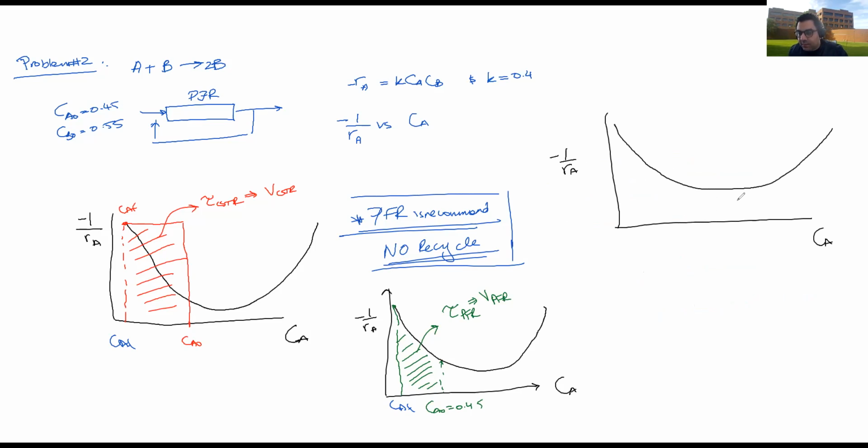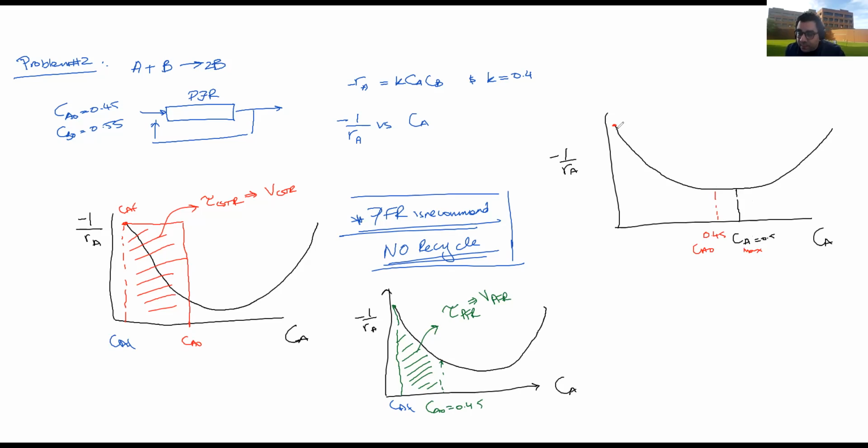And we said the maximum was at CA equals 0.5, and your feed is actually entering at 0.45. This is CA note, and this is CA max. This is the absolute maximum of the reaction rate, the minimum of this curve. So at this point, you have the maximum reaction rate, and this is your feed.